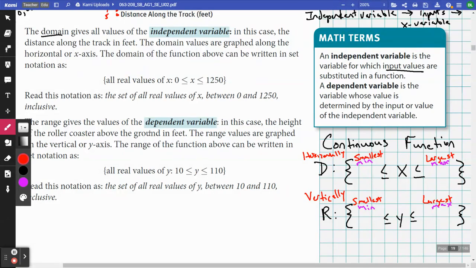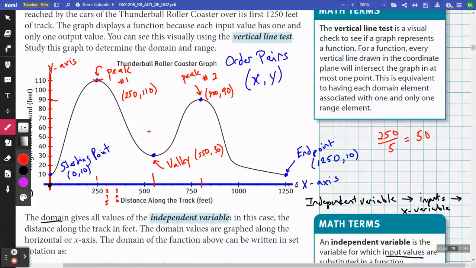Because look at my graph. According to the x-axis, what is the leftmost that this graph goes? It goes here, right there, and that is at 0.